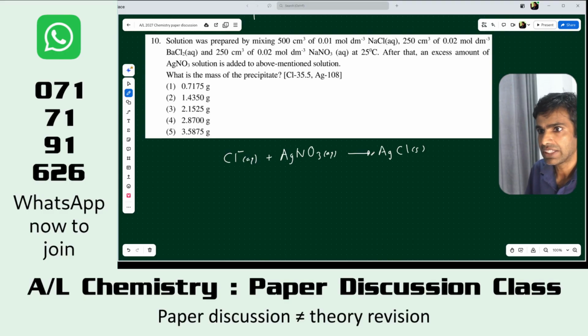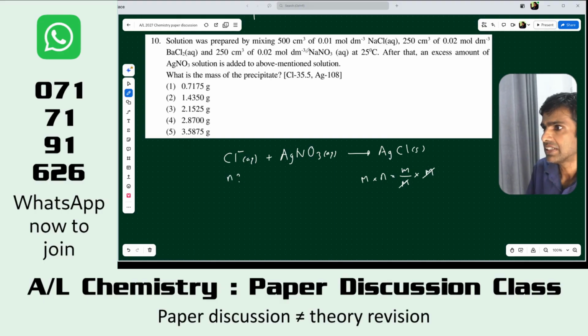So to calculate the mass of the precipitate, we need to calculate the number of moles of silver chloride. Then we can use the formula number of moles is mass over molar mass to calculate the mass. To calculate the number of moles of silver chloride, we need the number of moles of chloride ions.